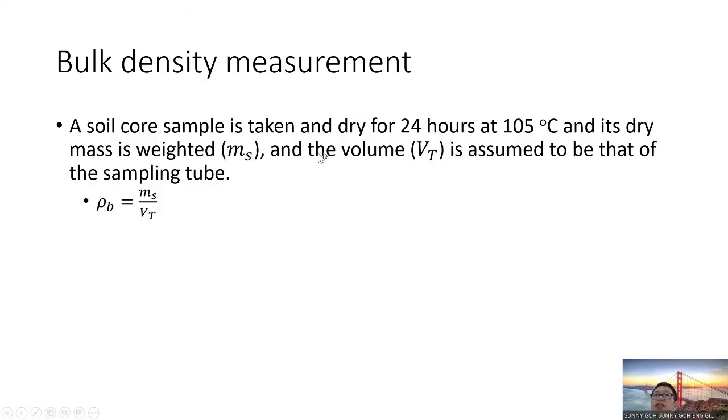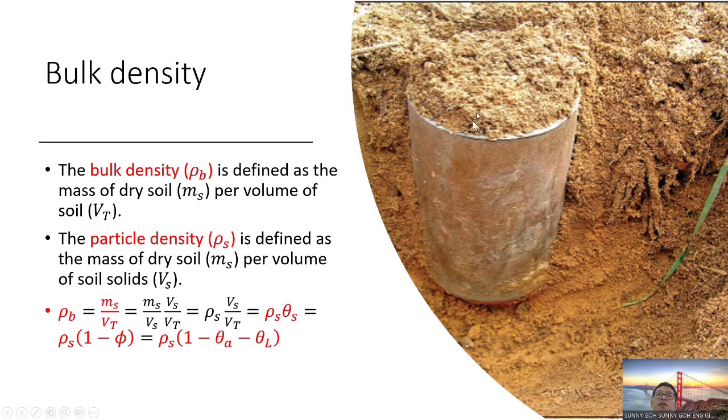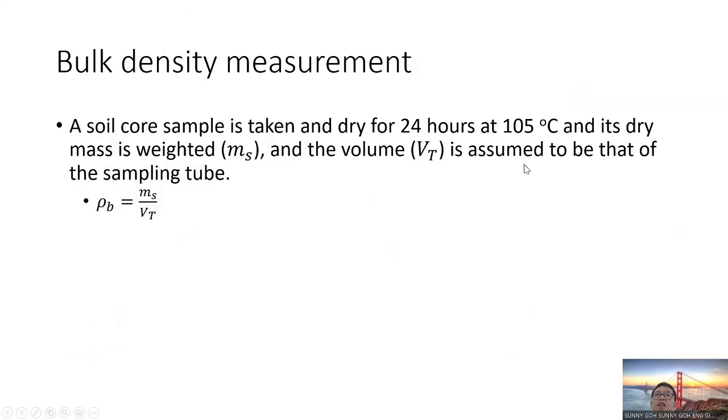So we get the Ms, and the volume Vt is the volume of the inner cylinder, assumed to be the volume of that sampling tube. So the bulk density equals the dry mass over the volume of the sampling tube, or the volume of the cylinder.